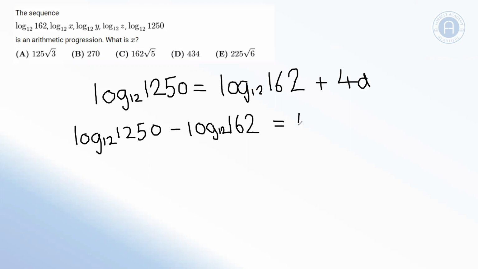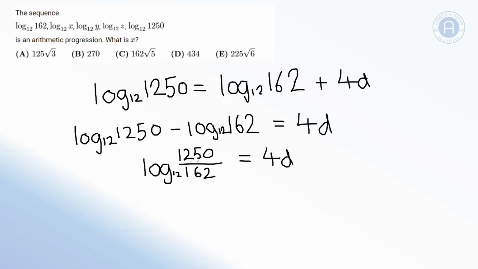Now we should remember from our previous logarithm videos, if I have one logarithm subtract another logarithm with the same base, we can write it as a single logarithm with the two terms being divided. So log base 12 of 1250 over 162 is equal to 4d.